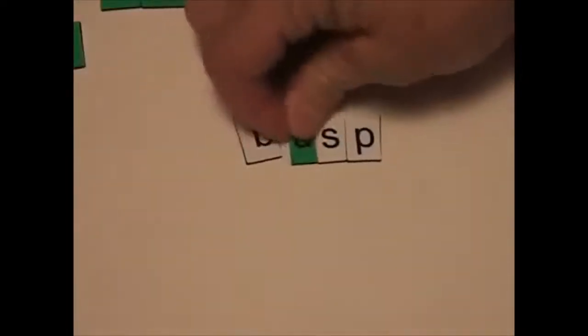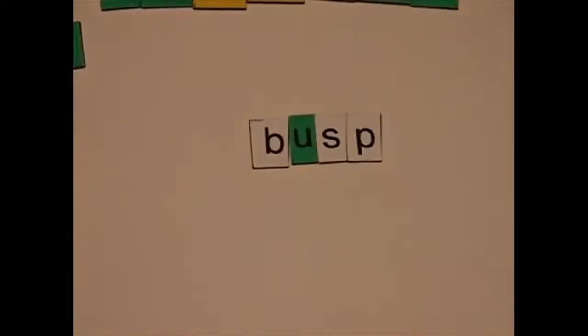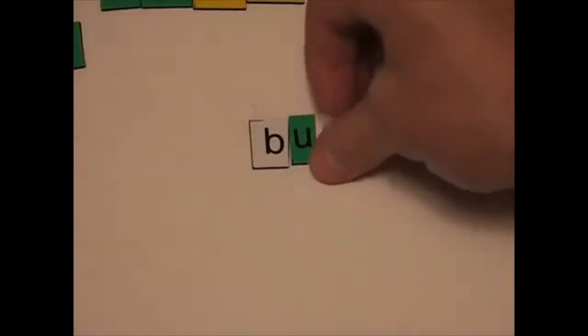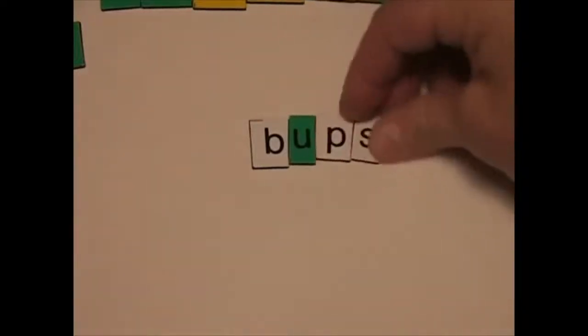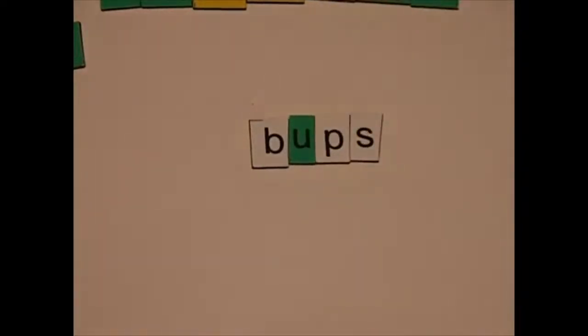Bisp. Notice they re-word the word. Busp. The child would go busp. I to u. Bups. Child would go bups. So in sound tracking, the child just echoes the new word and says the sounds as they enter and leave, and then reads the word.